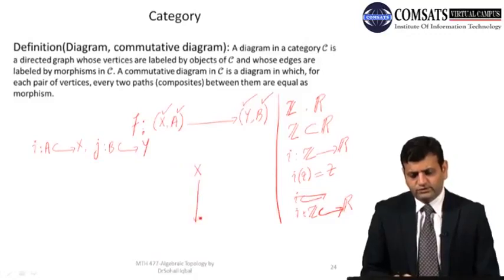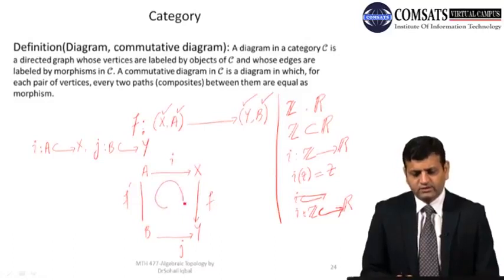F should be a continuous function from X to Y such that, with this map being I, this map J, this map F prime, and this map F, the diagram is commutative, and this is denoted by writing this curly arrow inside the diagram.